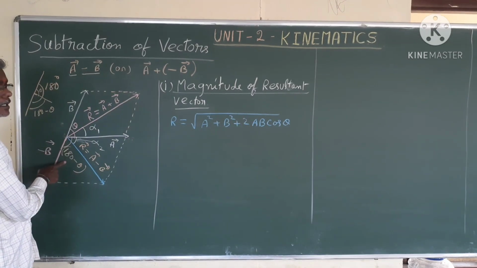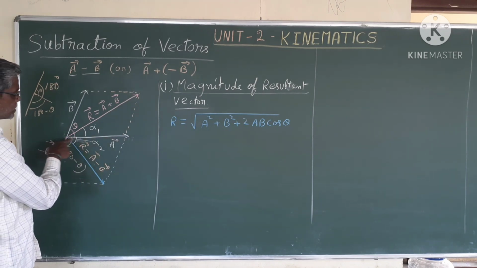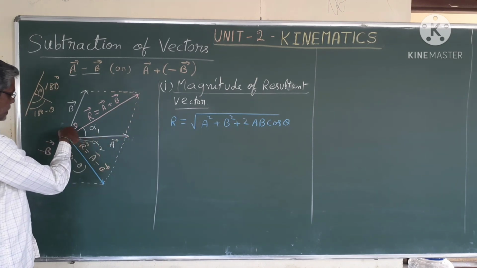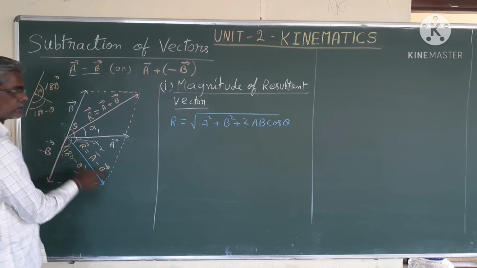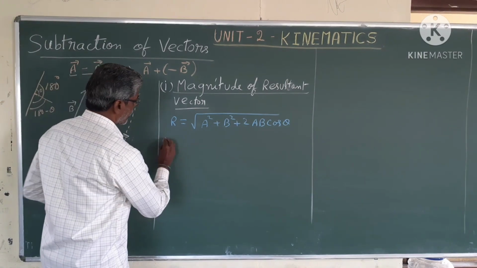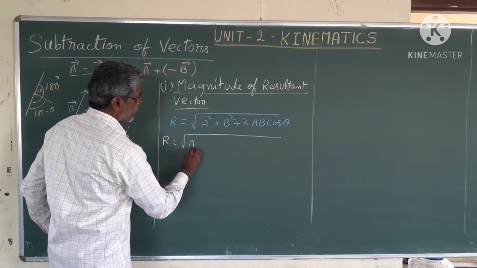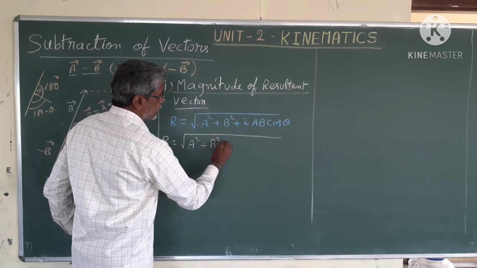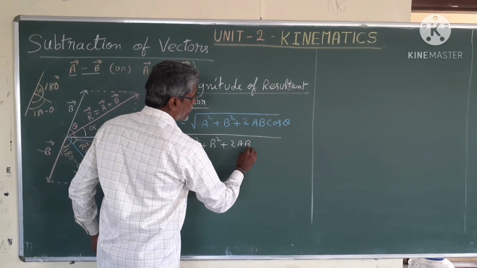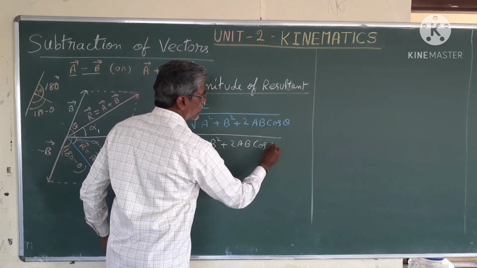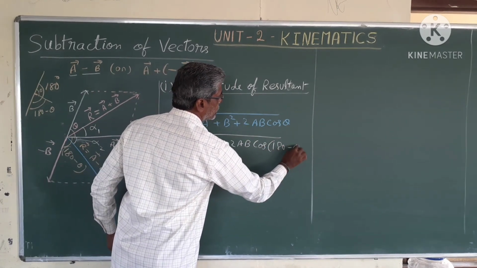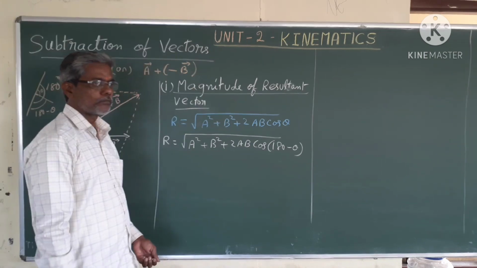Theta is 180 minus theta because we are considering this vector as well as this vector, because of subtraction. So I can write R is equal to square root of a square plus b square plus 2ab cos, instead of theta, 180 minus theta.